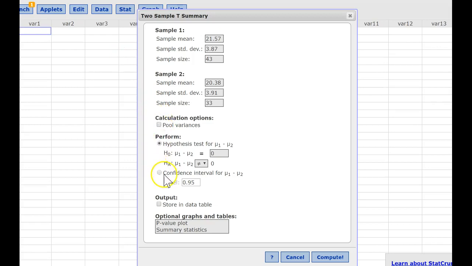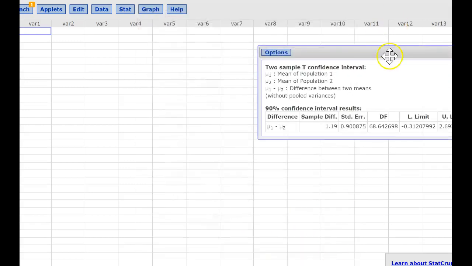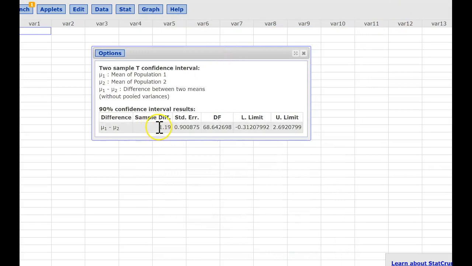We don't want to pool the variances because we can't say that those are the same, even though they're dang close. And we're going to do a confidence interval at 90%. So let's do this. It shows us that the difference between the two groups was 1.19 on this scale.